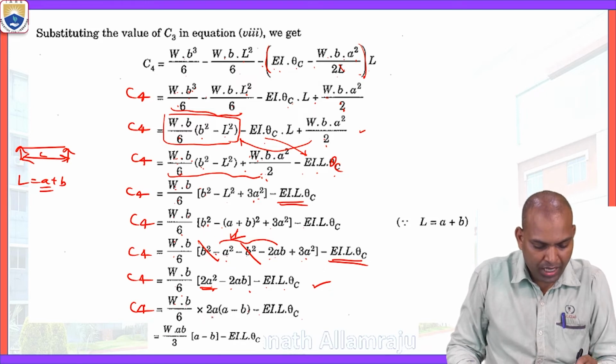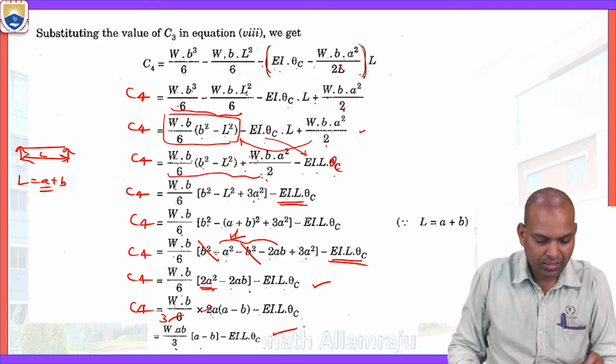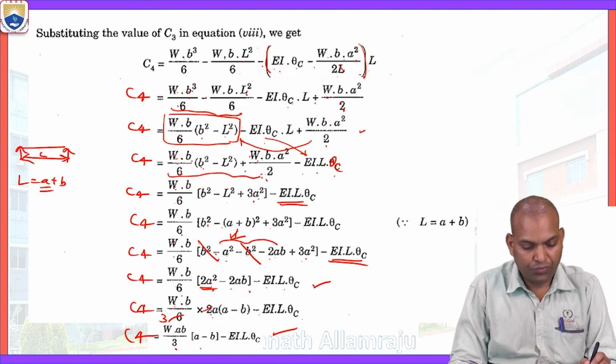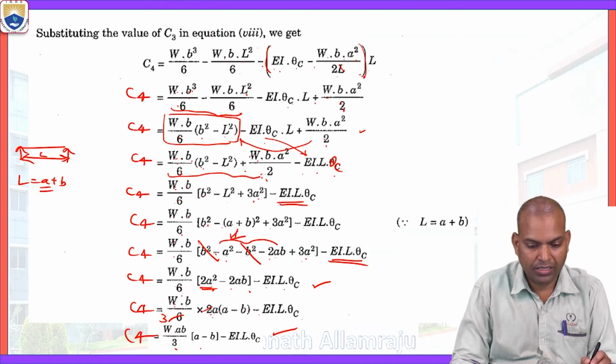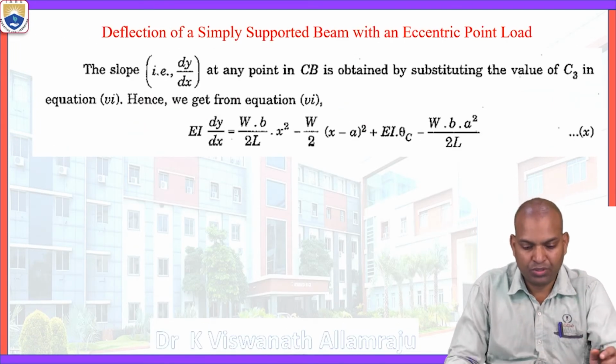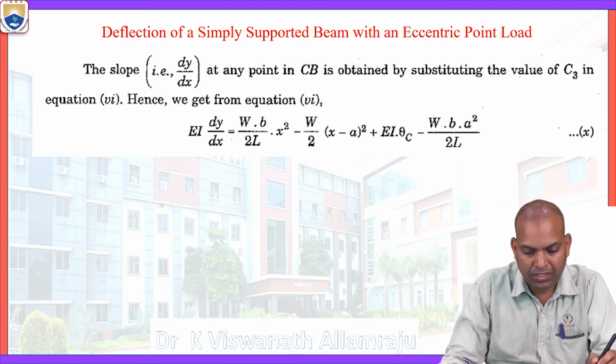Now the 2 and 6 cancel, that is wab by 3 times (a minus b), minus EI l theta c. This is c4. Now we have c4; substitute this c3 and this c4 in the equation.